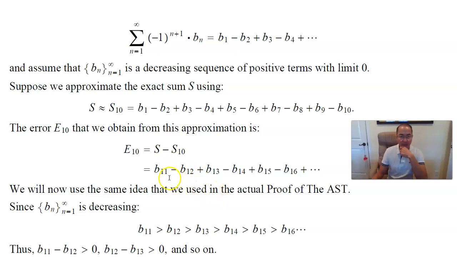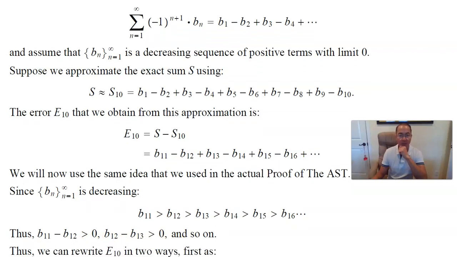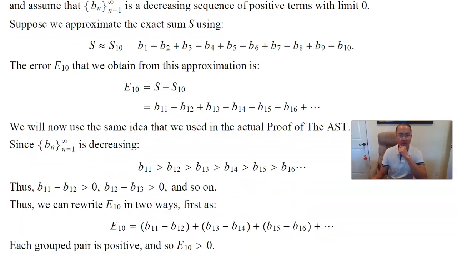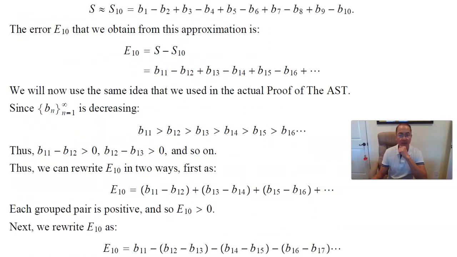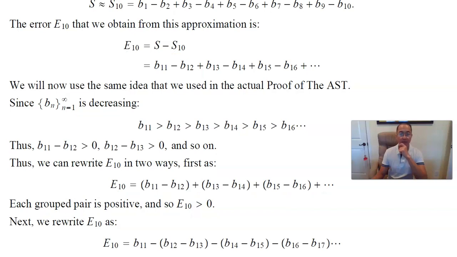But now we know that B11 is bigger than B12, B12 is bigger than B13, and so on. So B11 minus B12 is positive, B12 minus B13 is positive, and so on. So let's do the trick that we saw earlier. We can pair these in two different ways. We have B11 minus B12, one pair, plus B13 minus B14, another pair, plus B15 minus B16, another pair.